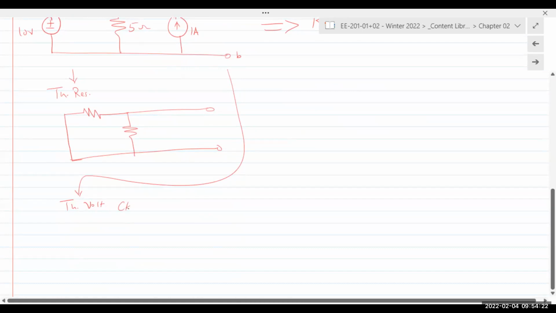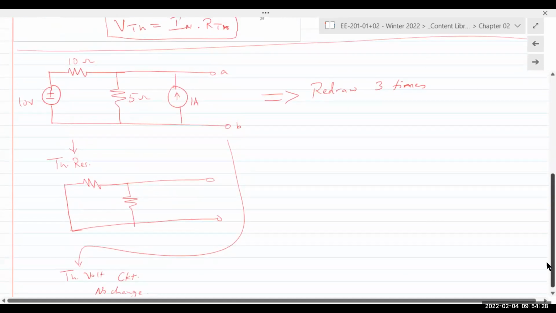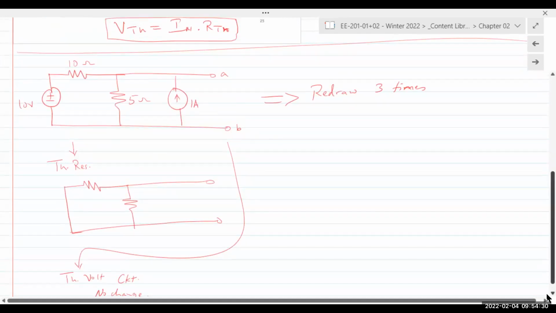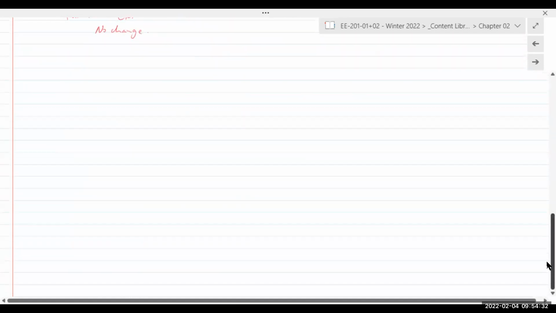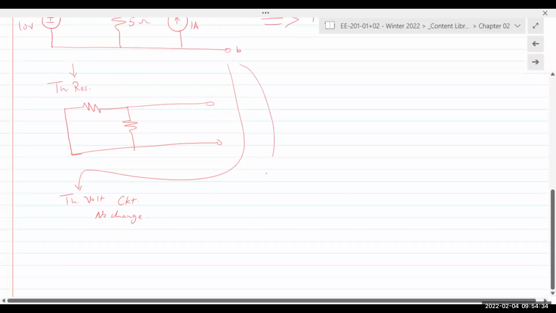Thevenin voltage circuit, no change. And then Norton current. Current needs a pathway to flow through.